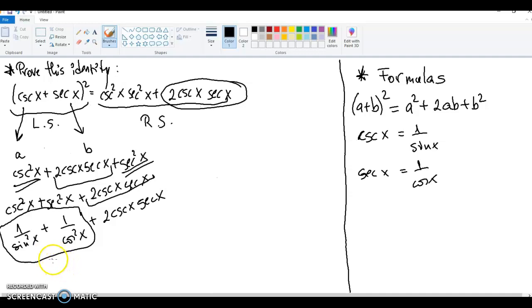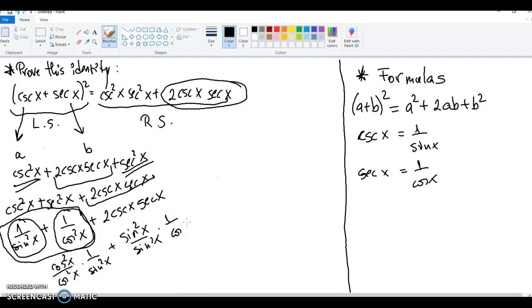So I'm going to multiply this first fraction by cosine squared of x over cosine squared of x, and this second fraction by sine squared of x over sine squared of x. So I'm going to get cosine squared of x over cosine squared of x times 1 over sine squared of x, plus the second fraction multiplied by sine squared of x over sine squared of x, that is times 1 over cosine squared of x, plus the third term unchanged.